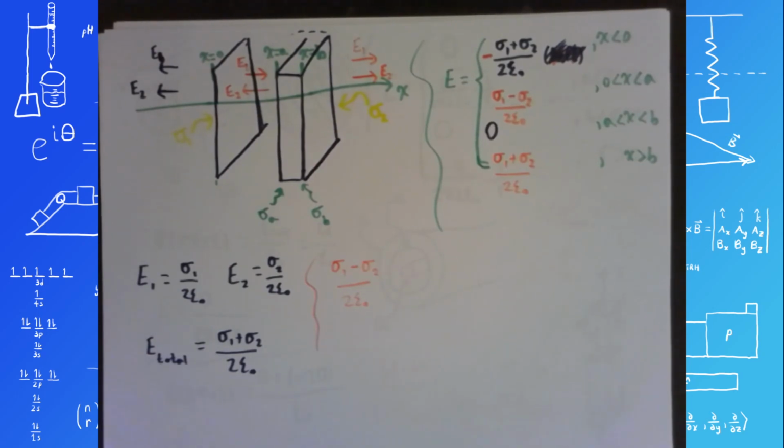And there we go. So that takes care of defining the electric field in our different regions of interest. Now our next question is, what is sigma A and what is sigma B?